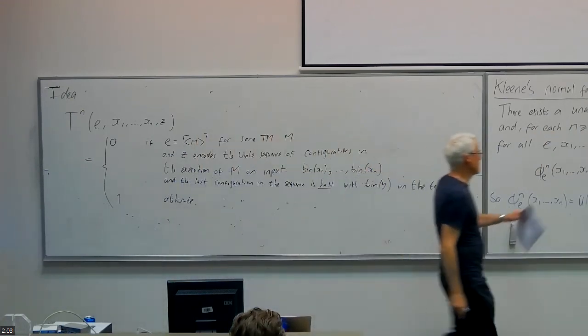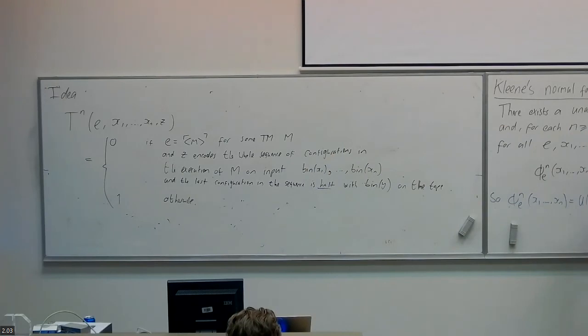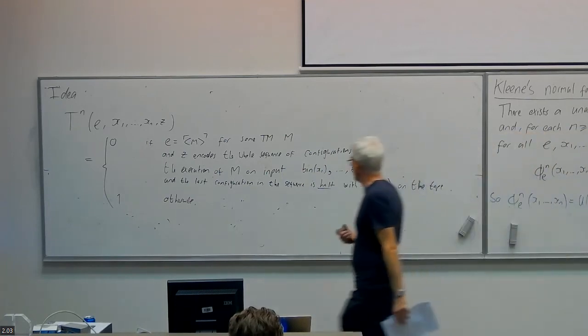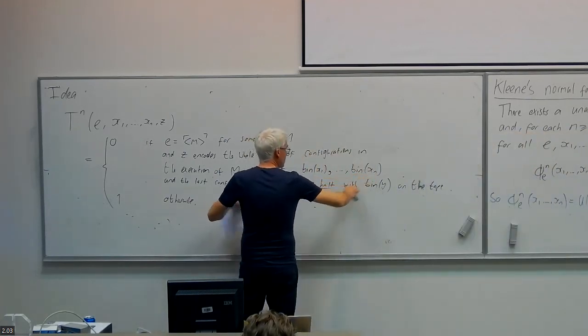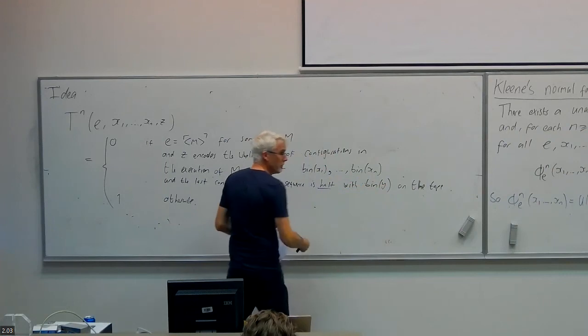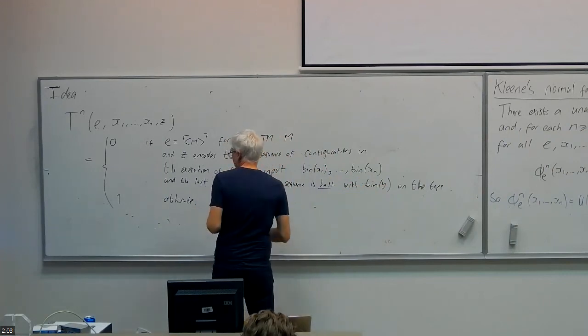And all U is going to do is say, well, okay, if I find such a z, let me look at the last configuration, find the binary number on the tape, and return the number that's on the tape. So it's extracting the result from the sequence of configurations. It extracts the result on the tape in the final configuration.